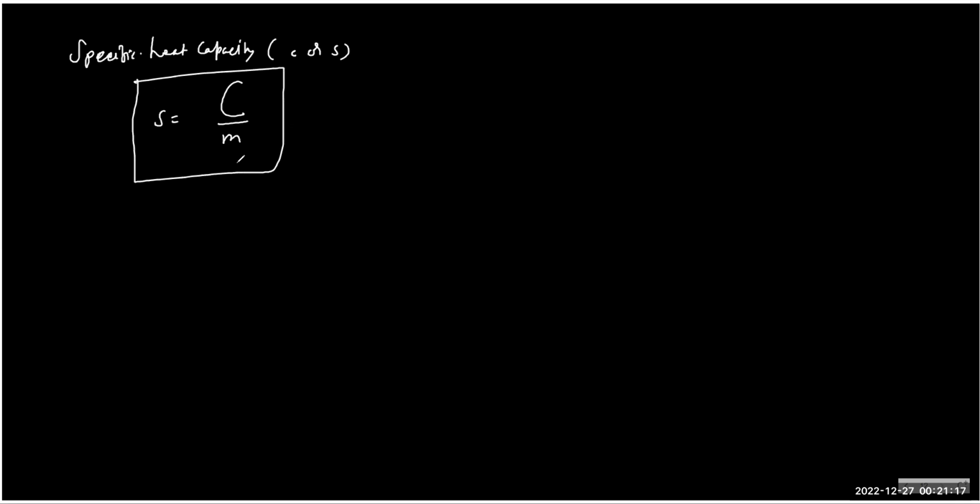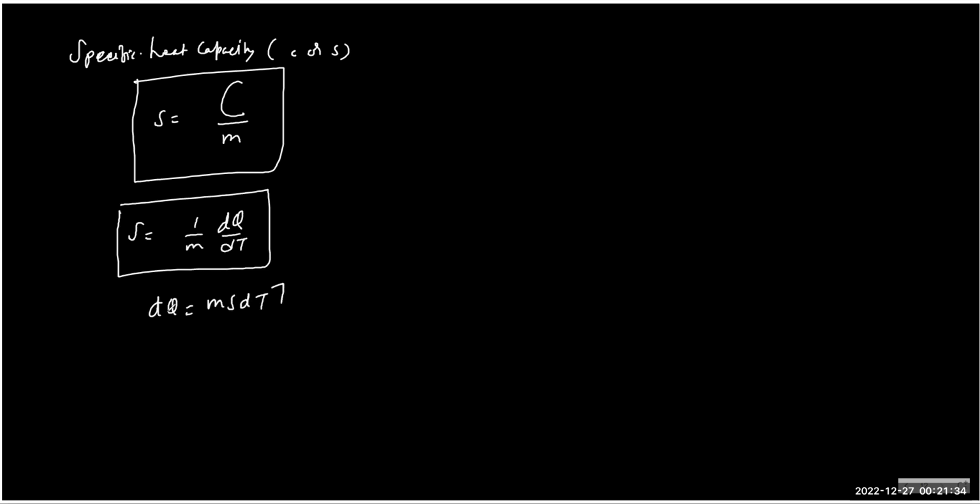So heat capacity per unit mass is called specific heat capacity. So S we write as 1 by m dq by dt. Correct? So dq we can write as msdt. Is it clear? This is the specific heat capacity. It is about mass relation.